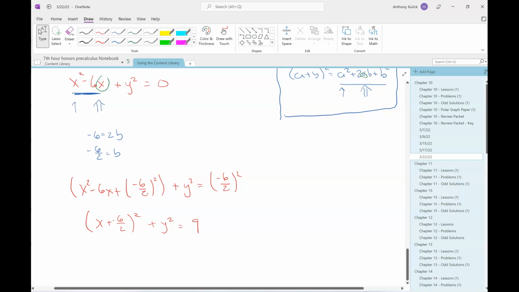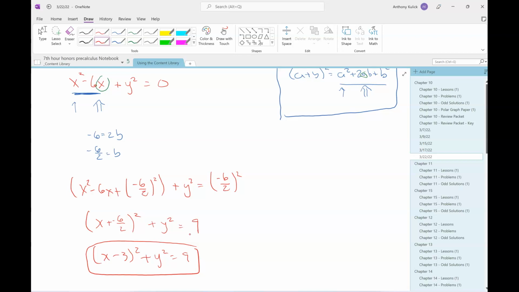It just factors to (a plus b) quantity squared, because I made it that. That was the point of completing the square. So if we simplify that down, there's my circle with center (3, 0) and radius 3.